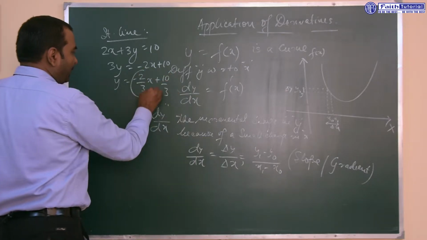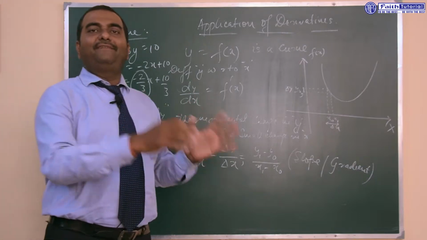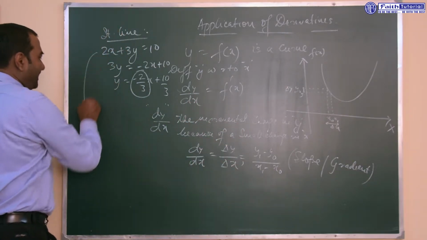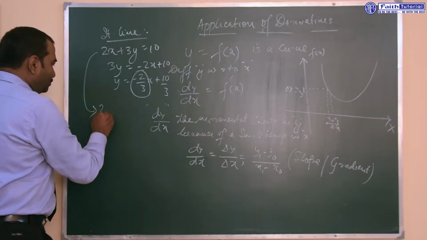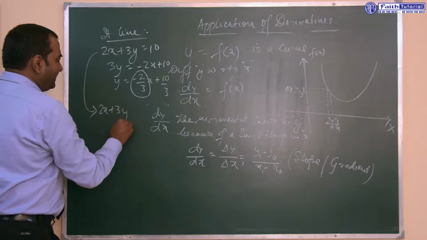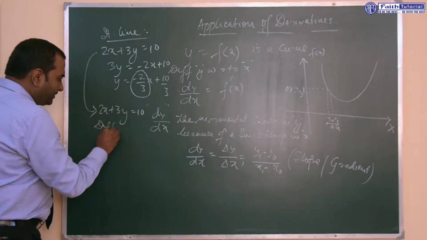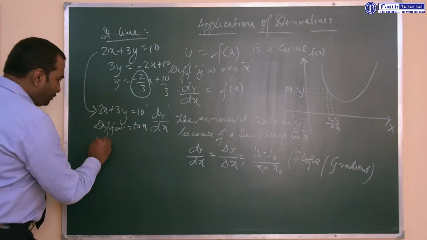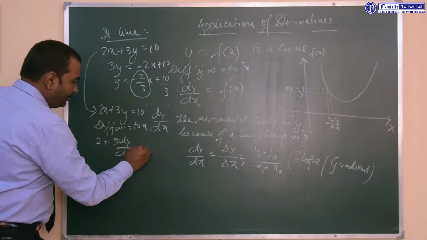Now, that's the slope, correct? But this slope has been calculated with the concept of coordinate geometry. Now, if I differentiate this function, let's see whether it is applicable for differentiation or not. So, 2x plus 3y is 10, differentiating with respect to x, 2 plus 3 dy by dx is 0.